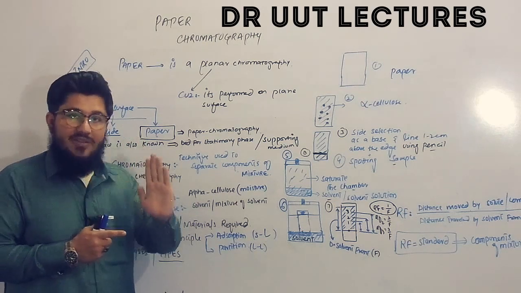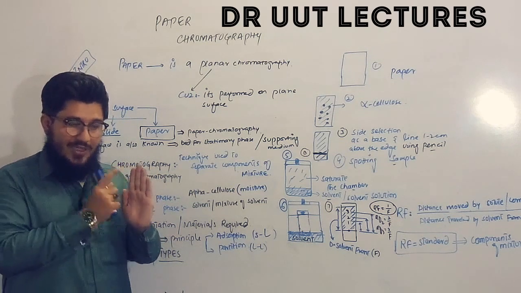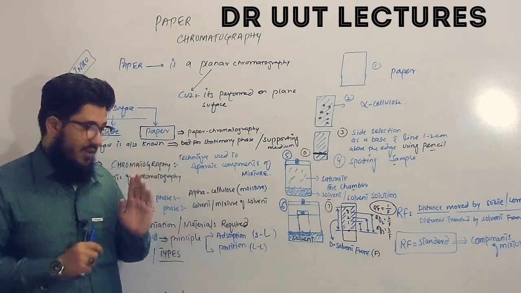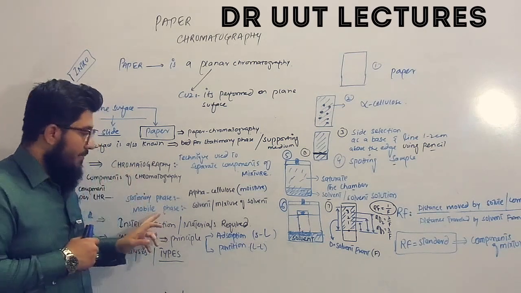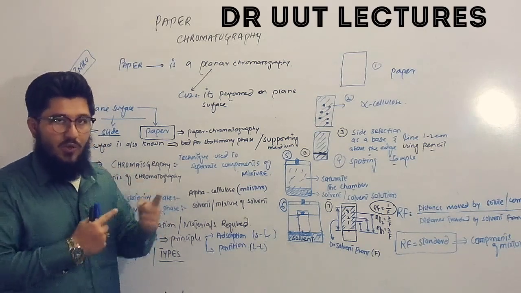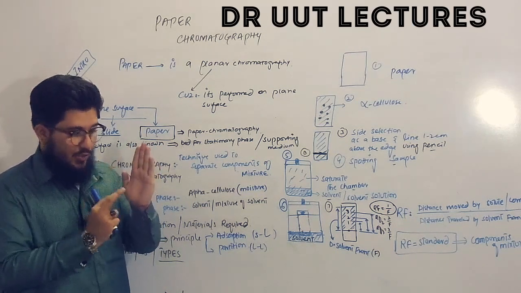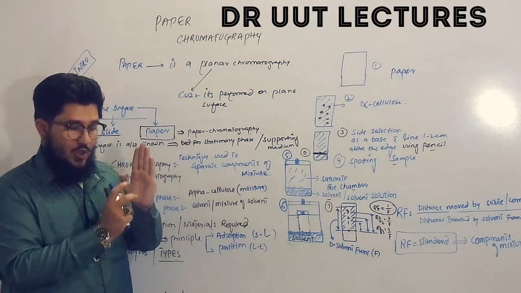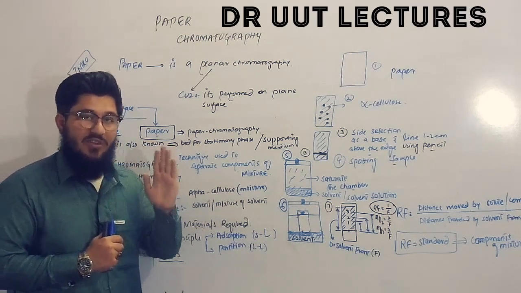If any phase is fixed, that is called the stationary phase. And the one that is moving, that is called the mobile phase. Mobile stands for moving. So we have a fixed phase and a mobile phase that moves on the stationary phase.